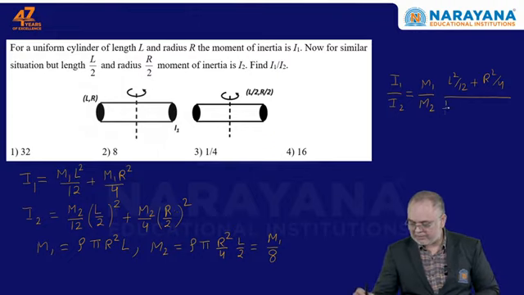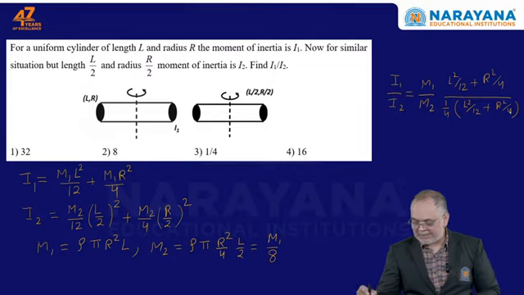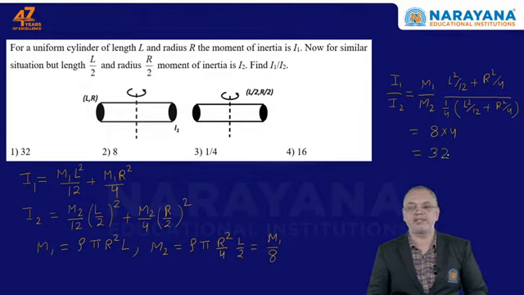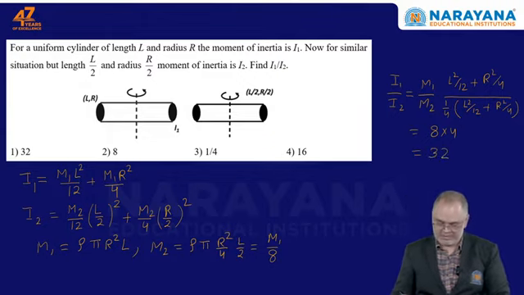So I can write 1 by 4 into L square by 12 plus R square by 4. So m1 by m2 is 8, and 1 by 4, so this comes out as 8 into 4 is equal to 32. So this is the ratio of the two moments of inertia, and that is the answer of this problem.